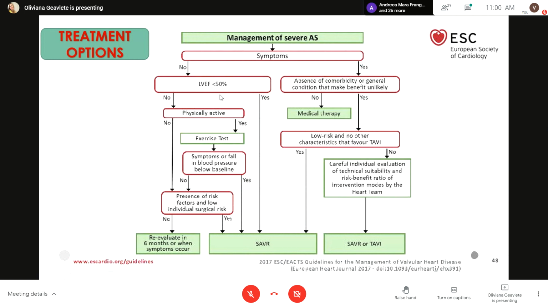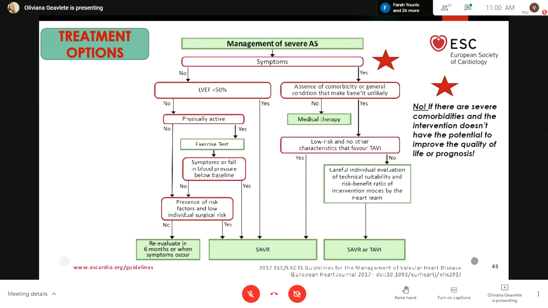If the left ventricle ejection fraction is under 50, then even without symptoms, we should do the surgery. But in this case, when we have symptoms, we have to do more. First of all, we have to establish the absence of comorbidity or the general condition that makes benefit unlikely. Do we have such conditions?